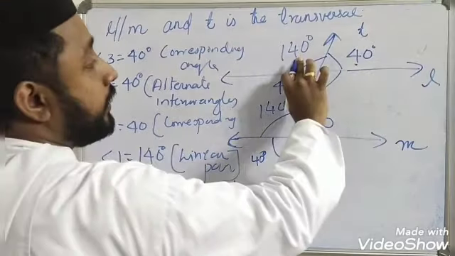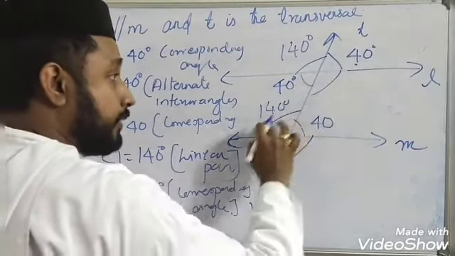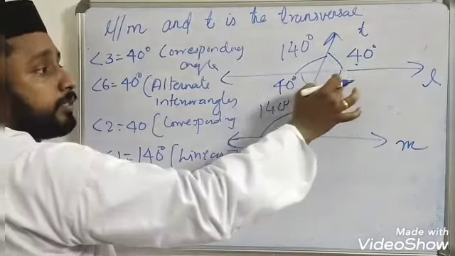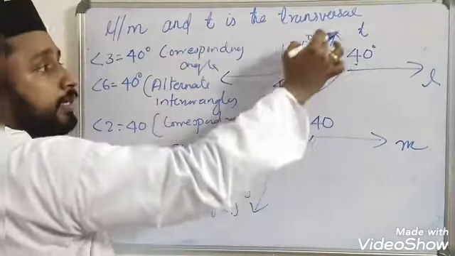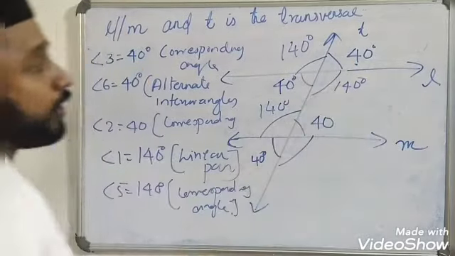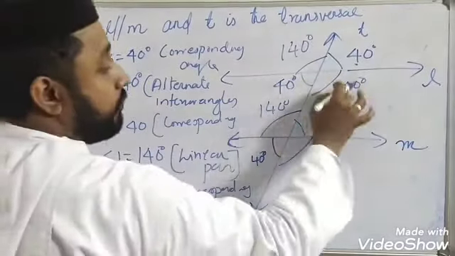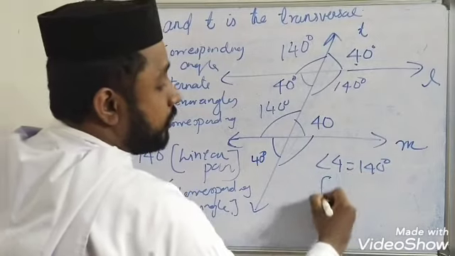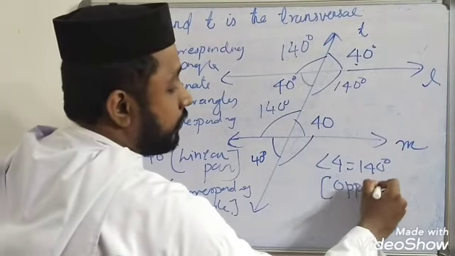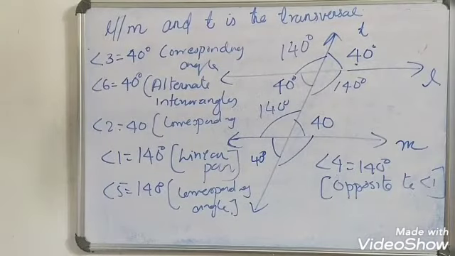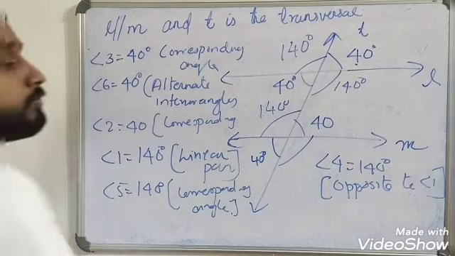If it is 140 degrees, this is 140 degrees, or these two angles are equal, these two are alternate interior angles, then this is equal to 140. Or another way we can think, these two are opposite angles, this is also 140 degrees. So angle 4 is equal to 140 degrees. We can write opposite to angle 1, so it is 140 degrees.